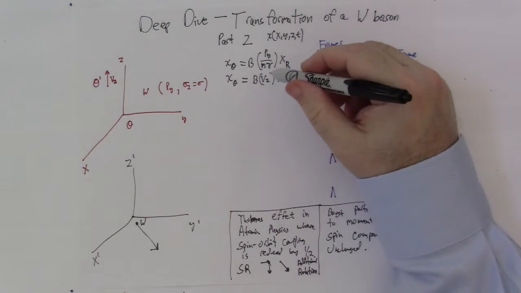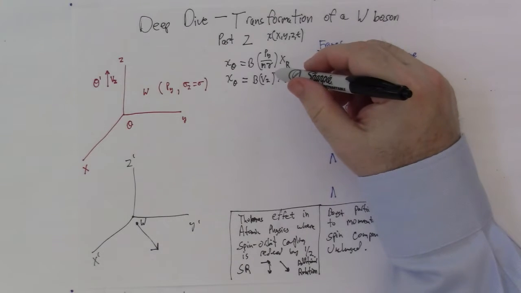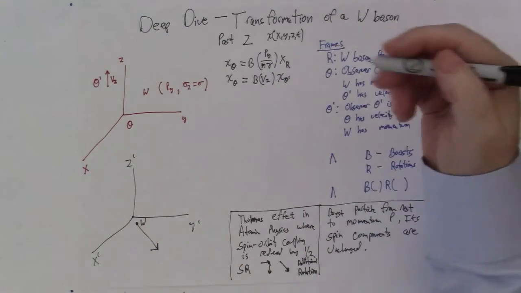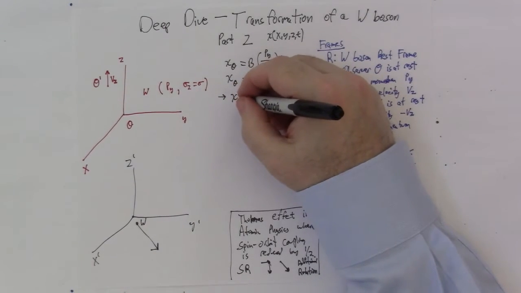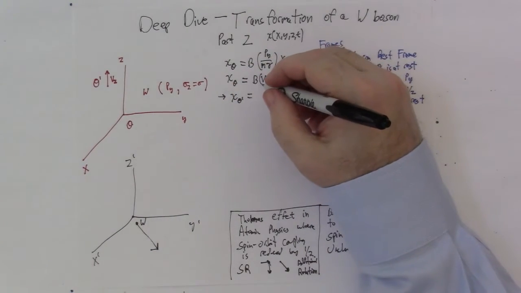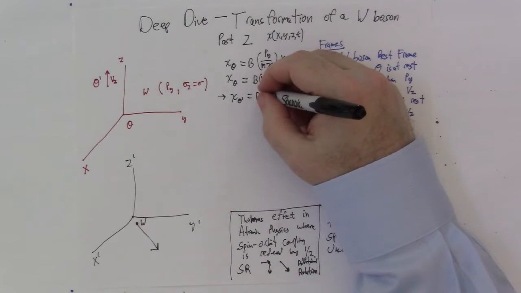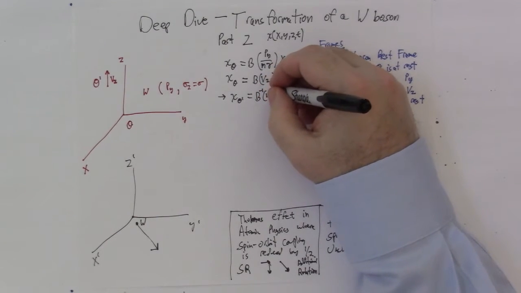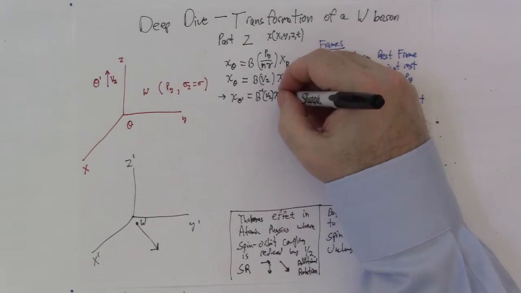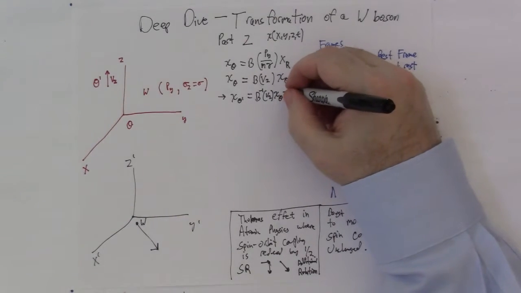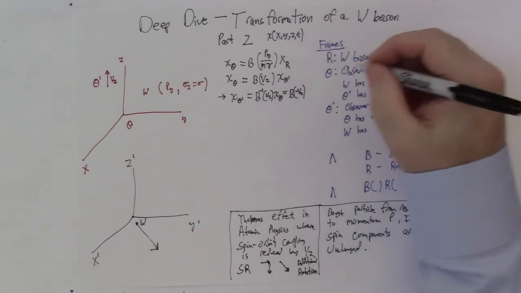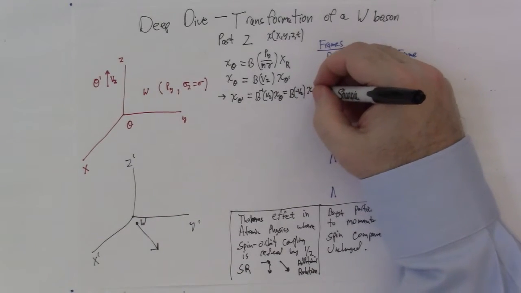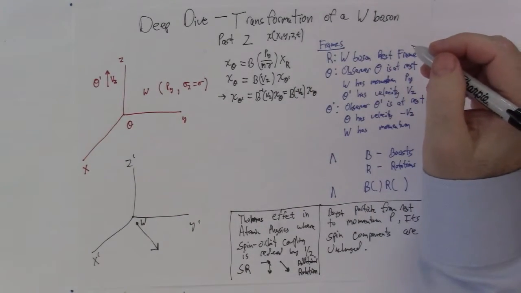Okay. And then additionally, we can invert this equation. So this implies very simply that x in the O prime reference frame is the opposite transformation, B inverse Vz times x in the observer's reference frame. That's equal to just B of minus Vz. When we invert a boost, we just reverse the velocity, times xo. Okay.